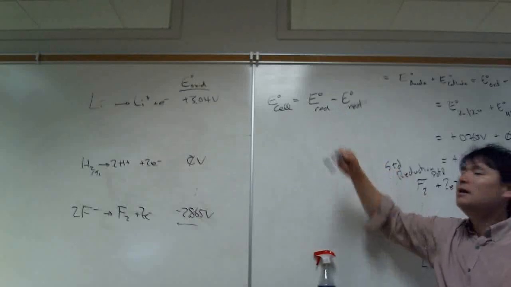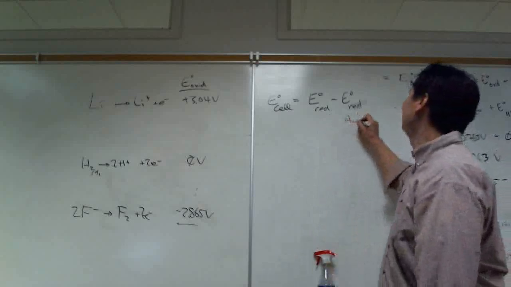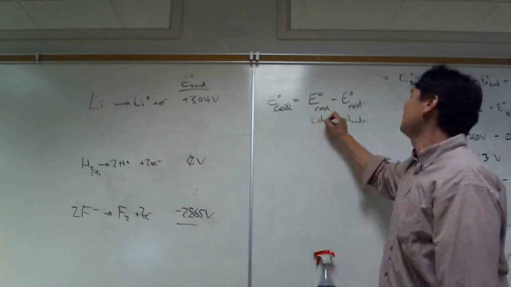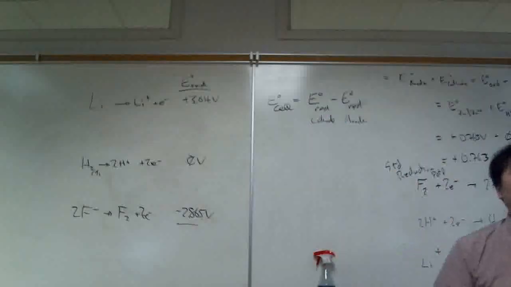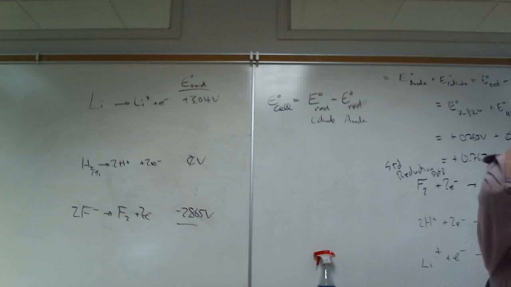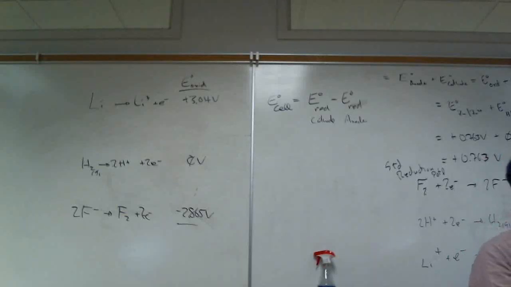Does that make sense? This is the anode, and this is his cathode. But it doesn't make sense intuitively, because if the oxidation potential is high and the reduction potential is high, do you expect a large cell voltage or a small cell voltage?